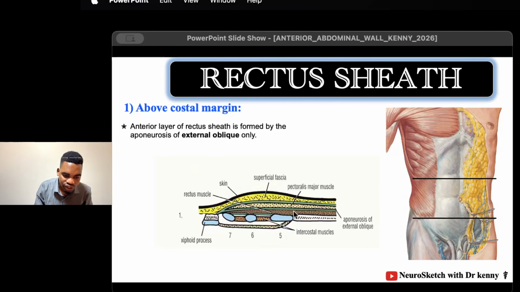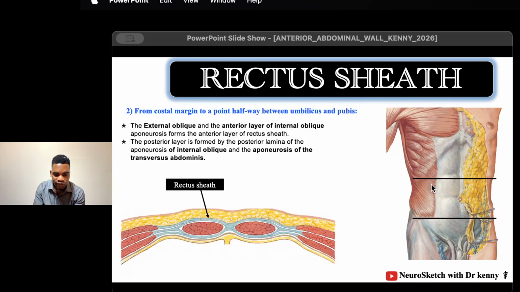This is the rectus sheath, this is the rectus abdominis muscle, and this is the aponeurosis of the external oblique. And you can see there is nothing else forming the anterior layer of the rectus sheath.